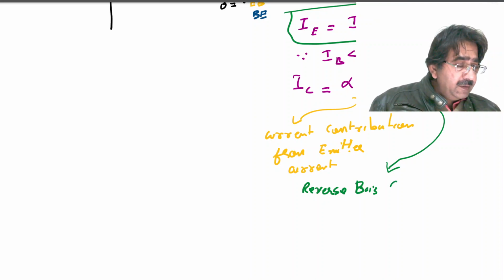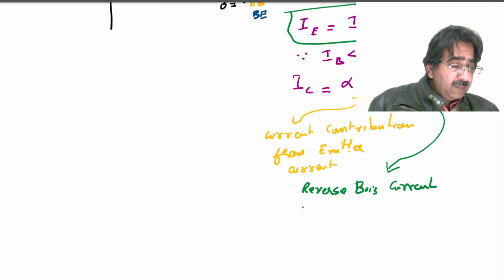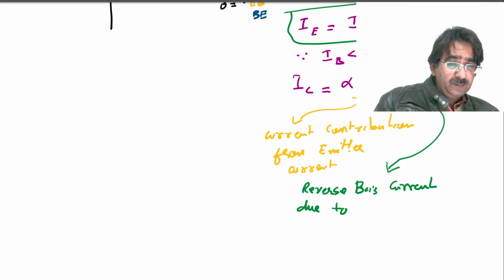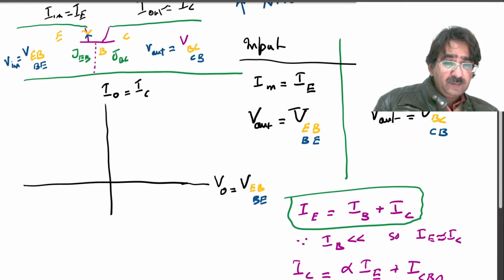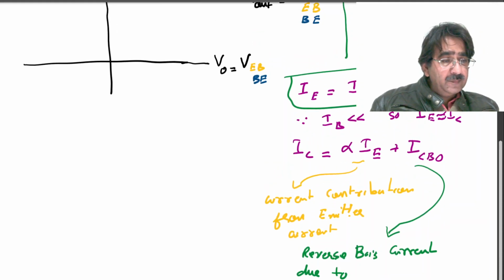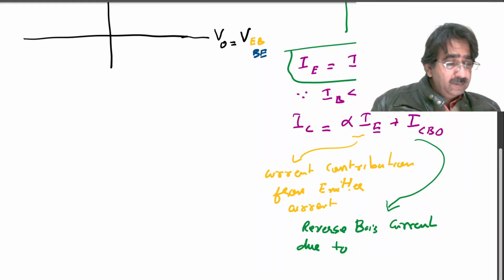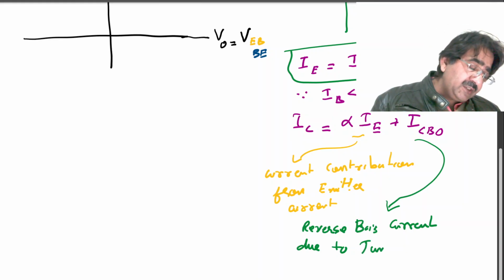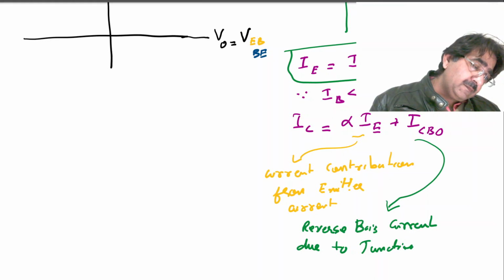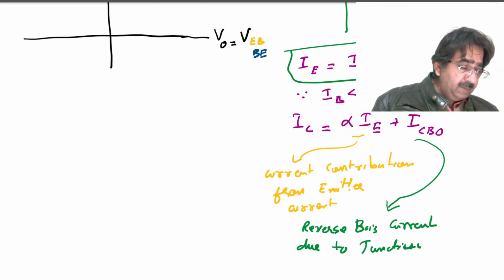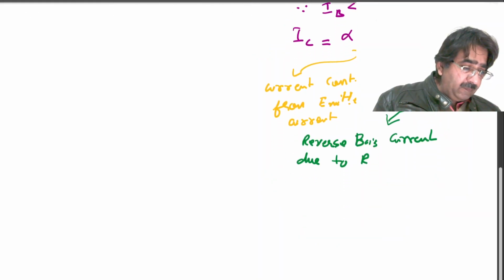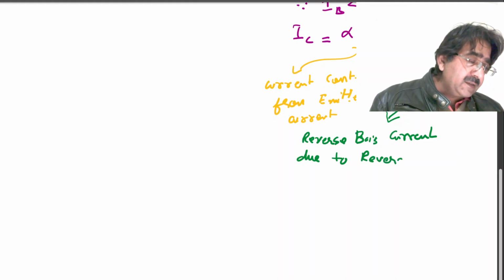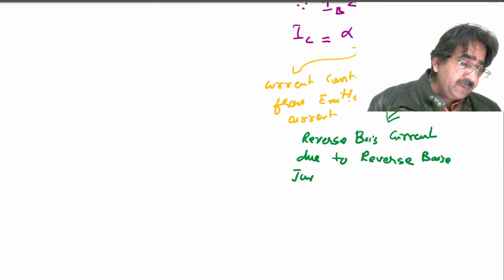This is reverse bias current due to the reverse bias junction.